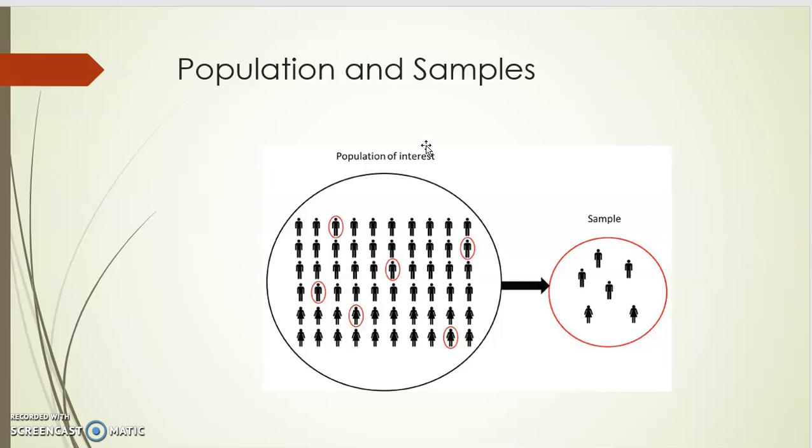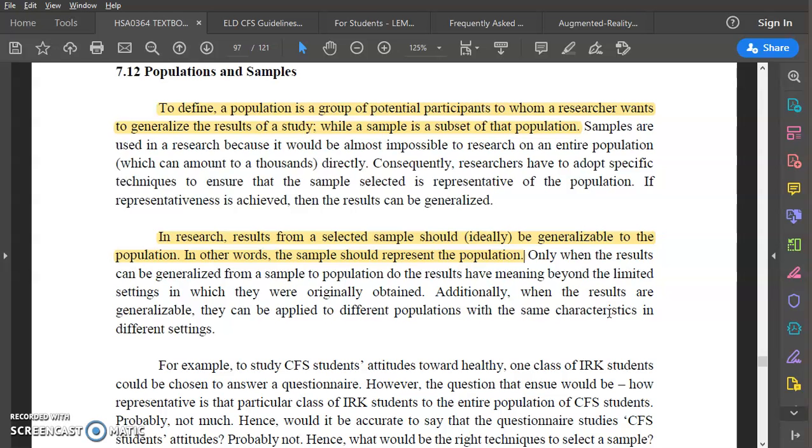So instead of researching everyone, you would select a few as a sample. And that selected sample should be generalizable to the whole population. In other words, the sample should represent the whole population.